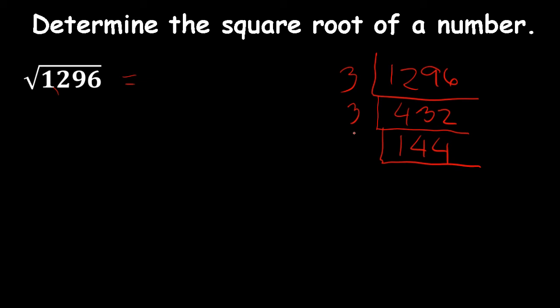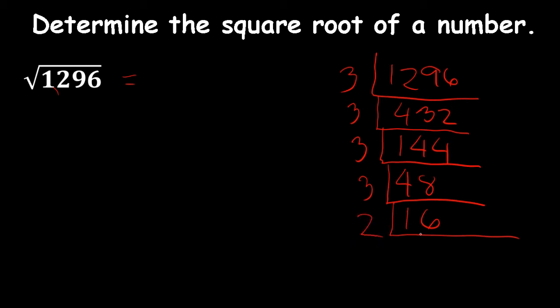Next, 144 divided by 3 is 48. 48 is divisible also by 3, and that is equal to 16. And 16 is not yet a prime number, so we can break it by dividing by 2.